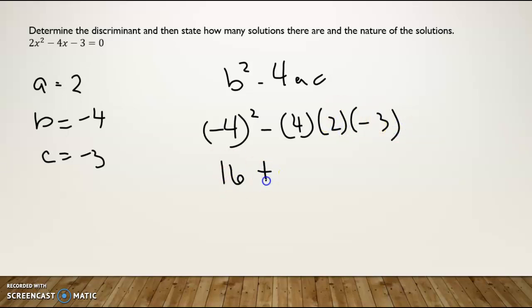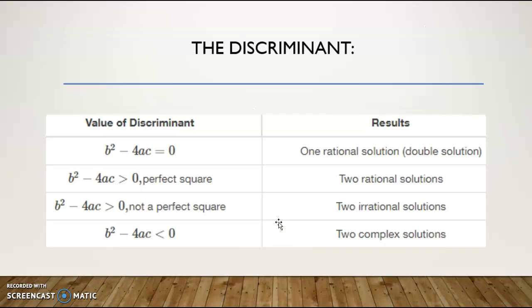So 16 plus, okay, 4 times 3 will be 12 times 2, 24. So we will get 40 for this one. Now it's greater than 0, so it's one of these two. But since it's not a perfect square, we're going to have two irrational solutions for this one.